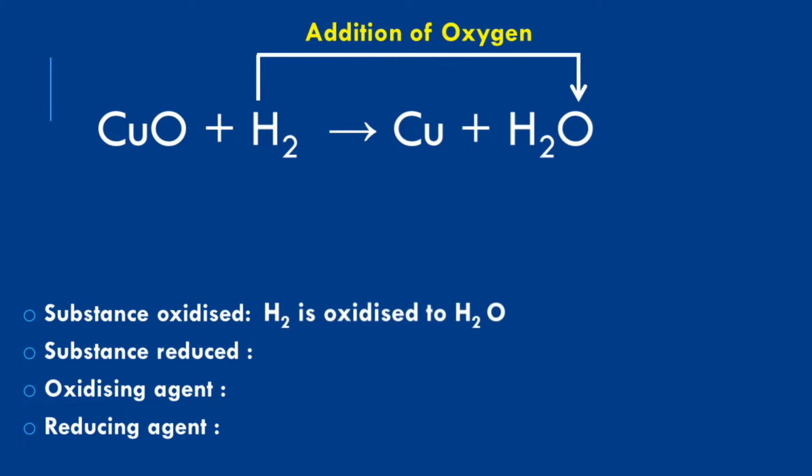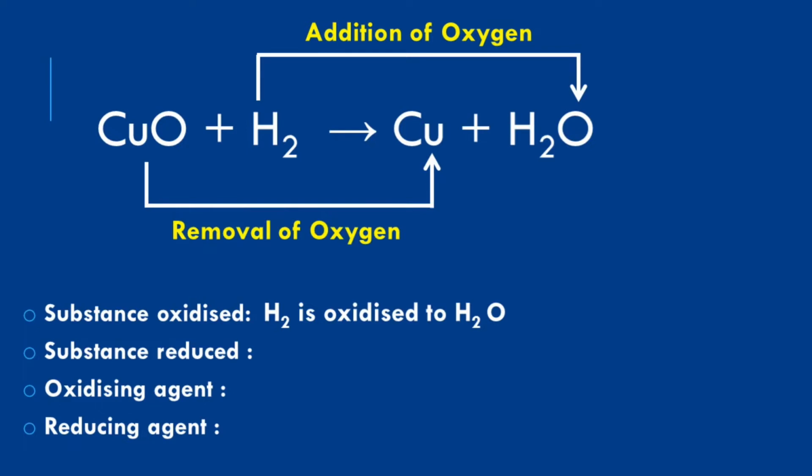What happened to copper oxide in the reaction? From copper oxide, oxygen has been removed and it has converted to copper. So it's a removal of oxygen, hence it's reduction reaction. That means copper oxide is reduced to copper. Who has given the oxygen here? Copper oxide. Hence copper oxide becomes the oxidizing agent and hydrogen becomes the reducing agent.